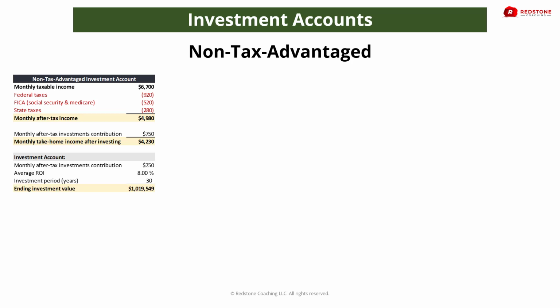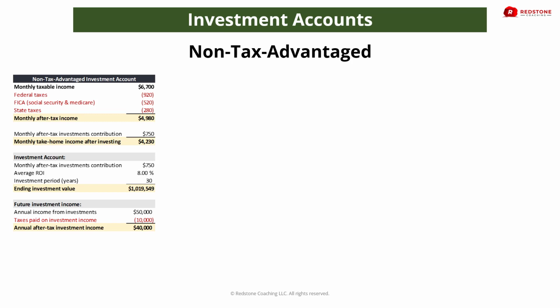Well, that's $750 of after-tax money. Let's assume that you do that monthly, $750 a month, and you're earning 8% on that money for 30 years. Well, 30 years from now, that after-tax money would have grown, with the investment earnings, to $1,019,000.